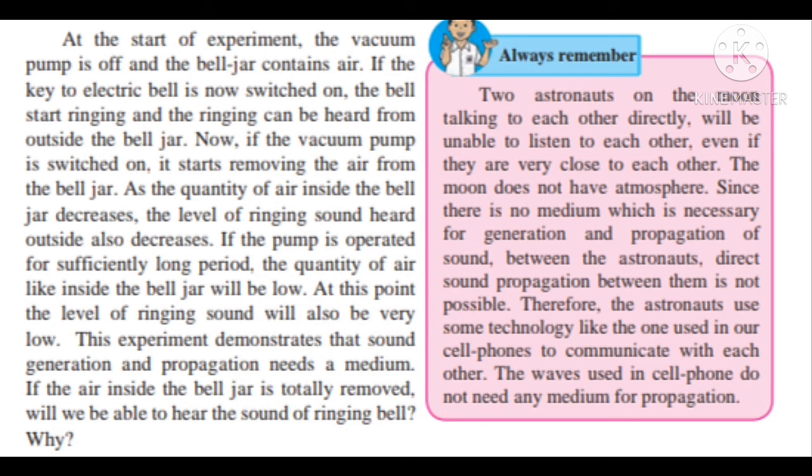Therefore the astronauts use technology like the one used in our cell phones to communicate with each other. The waves used in cell phones do not need any medium for propagation.